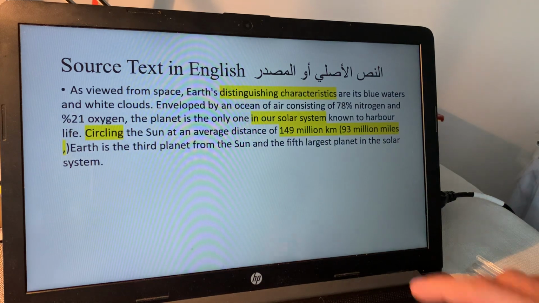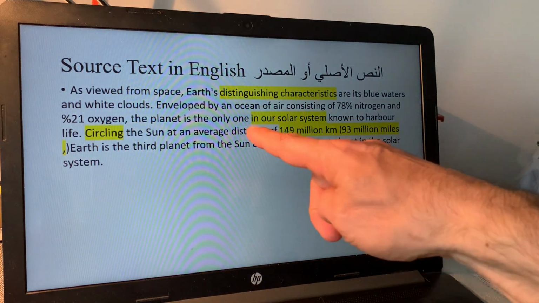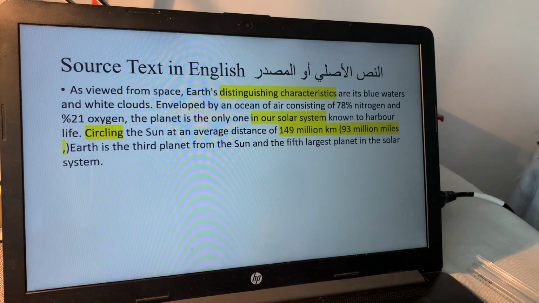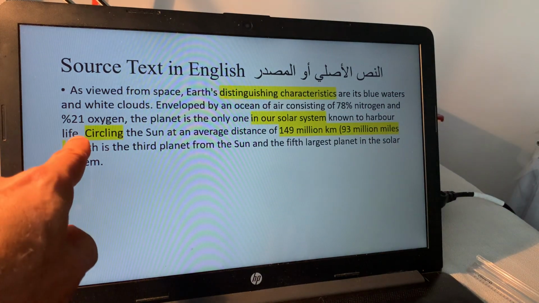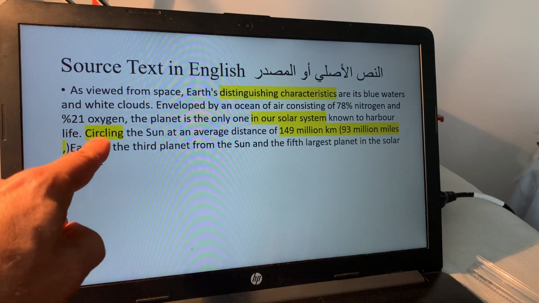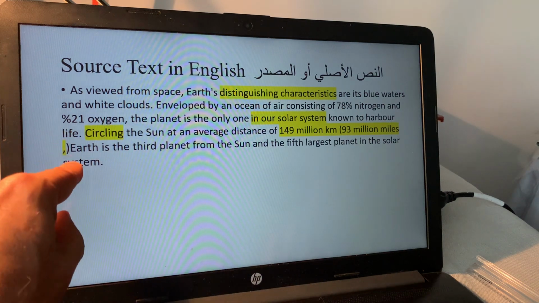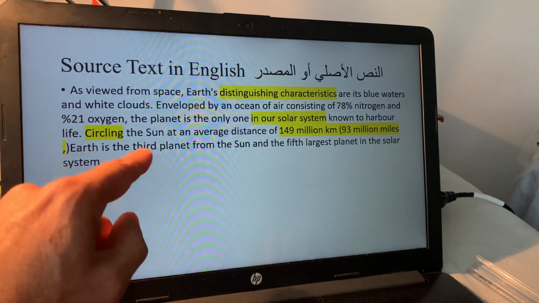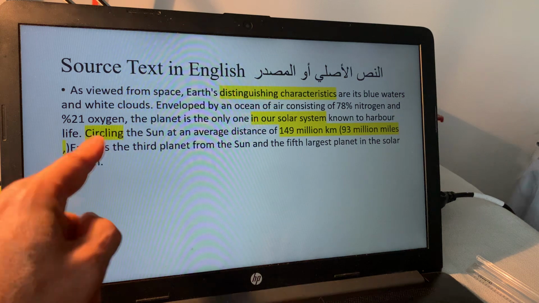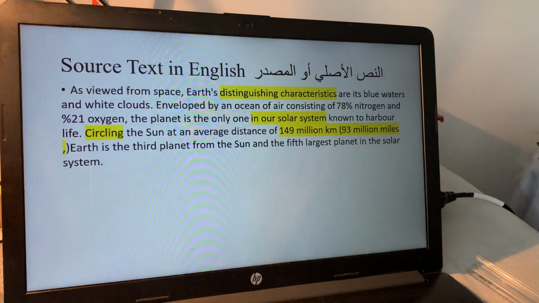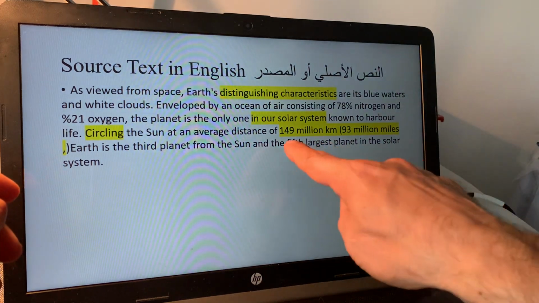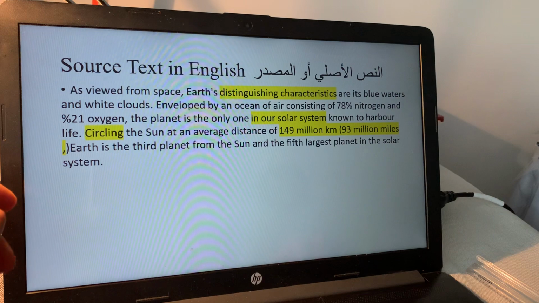And also in our solar system, the only one, and it's a planet, okay, and it's circling, which is here. The Earth is the third. So here we have the gerund issue and the present participle. How do we handle them when we are translating? Of course, there's a conversion here from kilometers to miles, which is another one which is quite interesting.